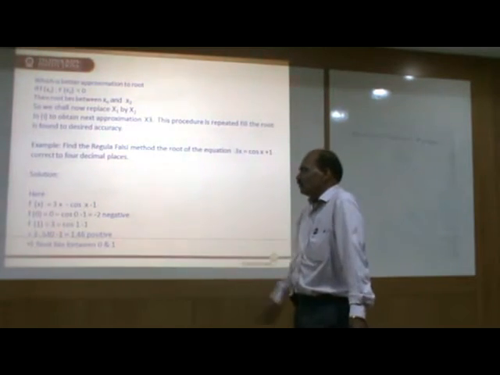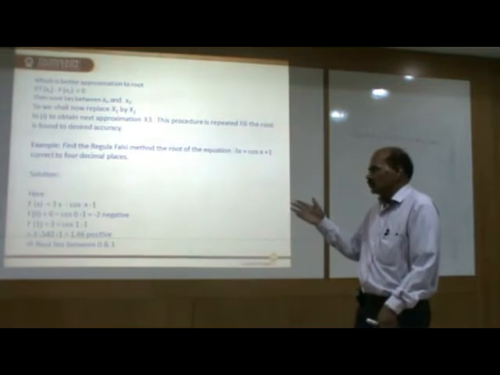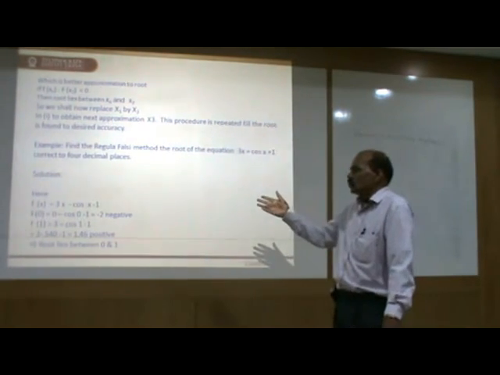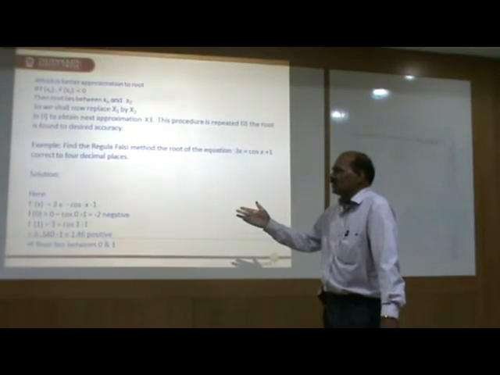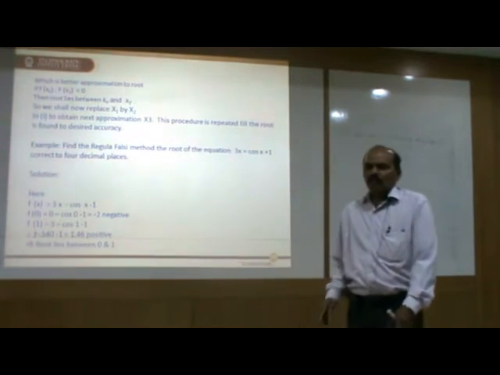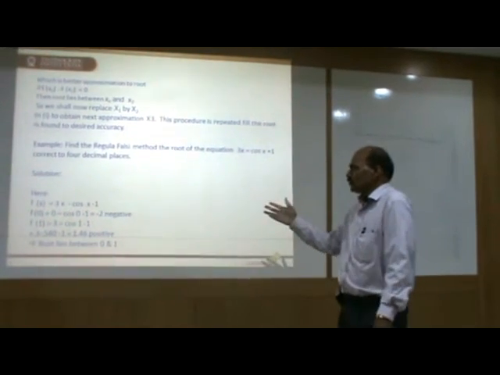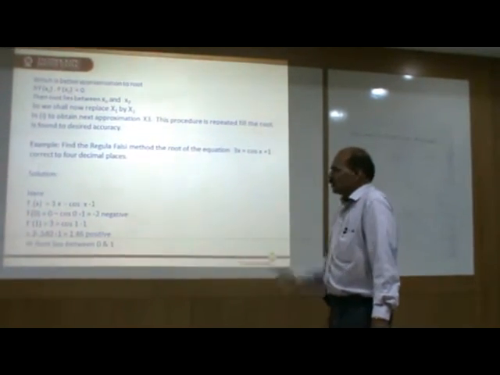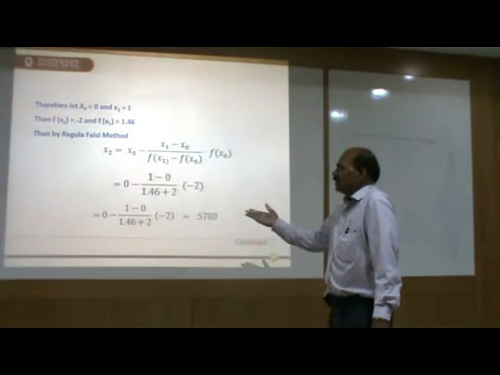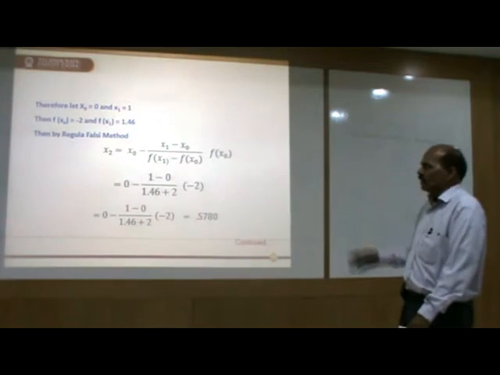At 0 the value of the function comes out to be negative, and at 1 the value of the function comes out to be positive. It is 1.46, as given in the PowerPoint presentation I have shown there. Therefore, this indicates that the root lies between 0 and 1. Now, our bracket of the root is 0 and 1. This is our interval of the root. So we have taken x0 = 0 and x1 = 1.